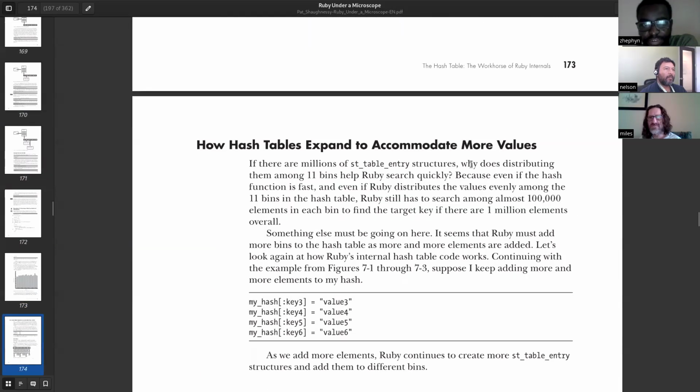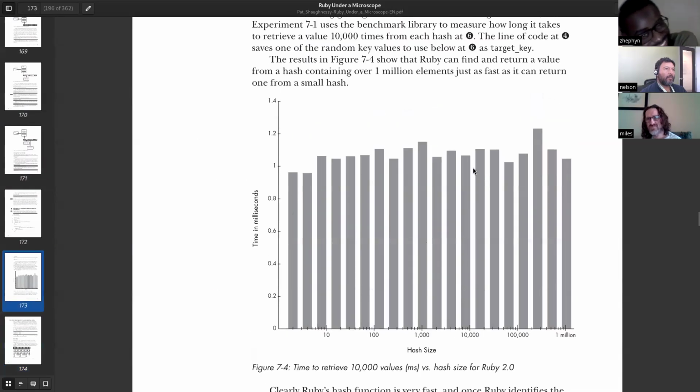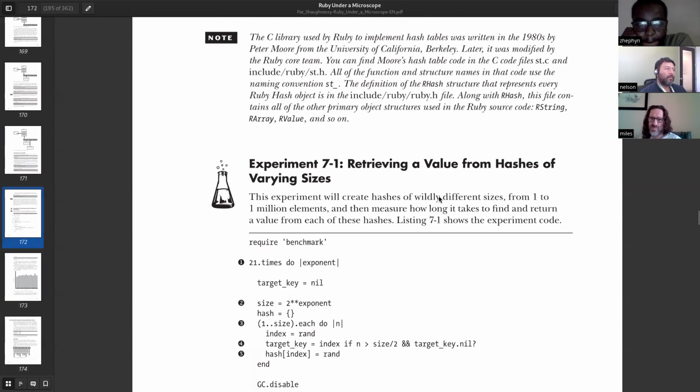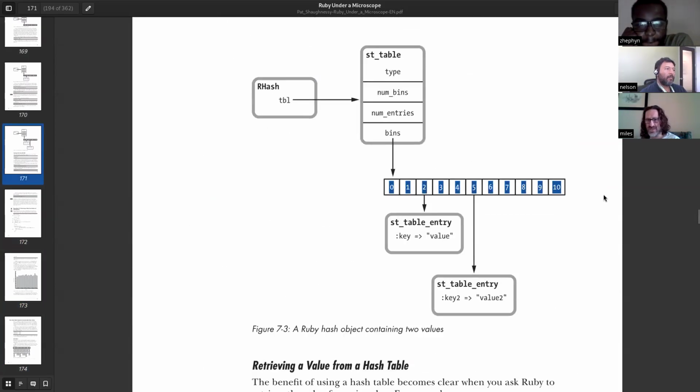So I have a question. When you're comparing a hash and an array in terms of which is faster when you're retrieving data from it. Well, again, that's kind of like the abstract data type versus the data structure, because if you look, this hash table is implemented using an array.